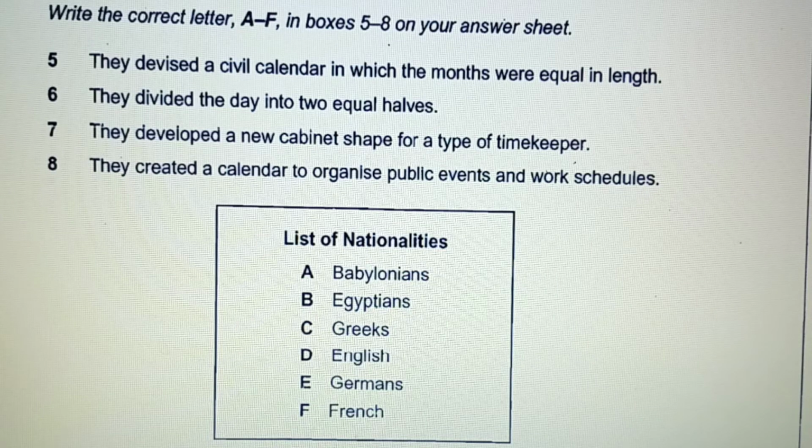Now look at questions 5 to 8. They are about matching events with nationality. We are given a list of nationalities, picked from the passage, and you have to match the information in questions 5, 6, 7, and 8 with the correct nationality. So this is a question type.